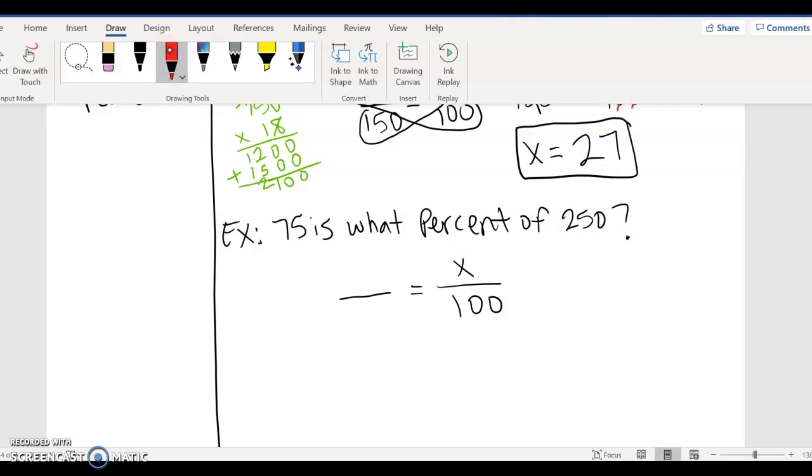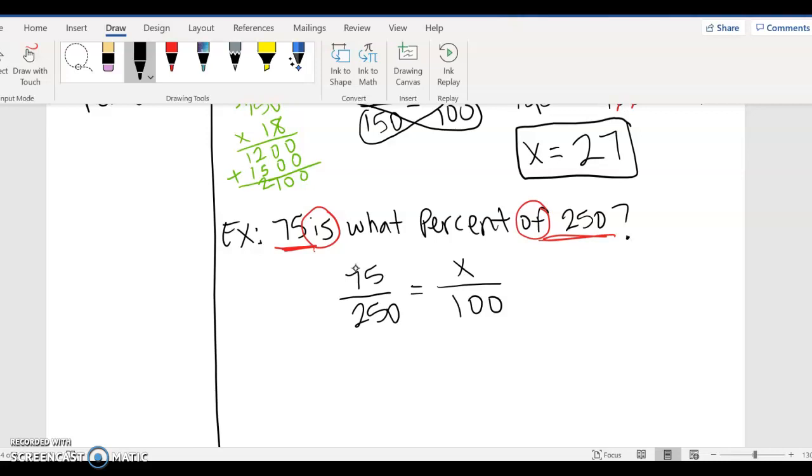So we start looking for our keywords. Well, here I have is, and he is talking about 75. And over here we have of, and he is talking about 250. So is over of means I'm going to have 75 over 250.